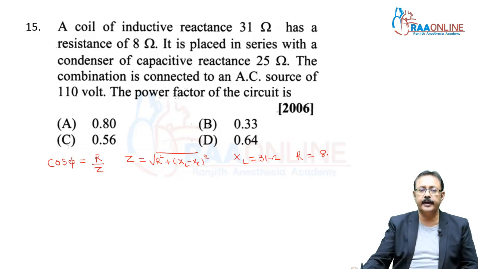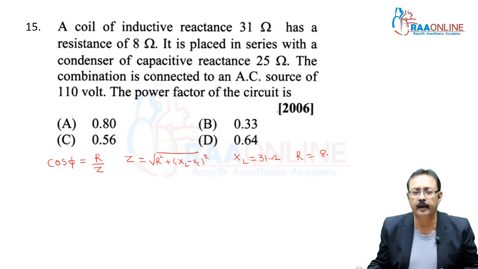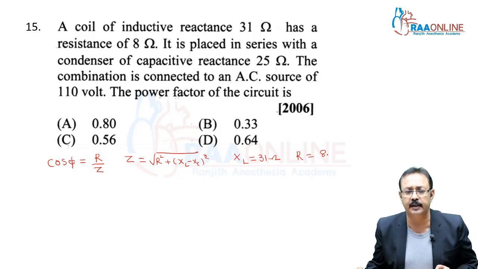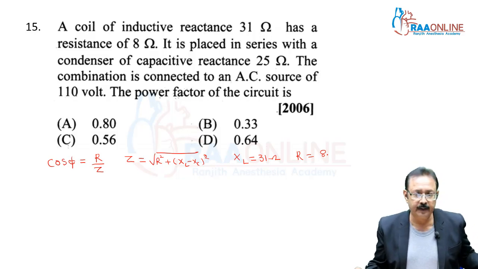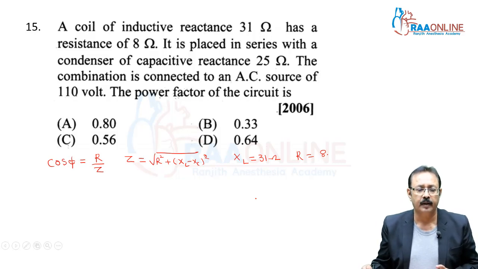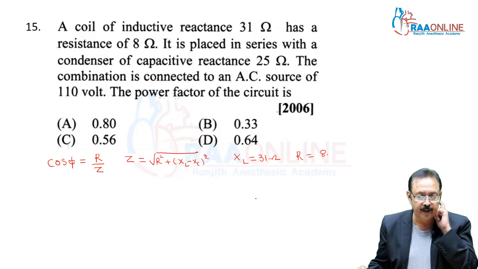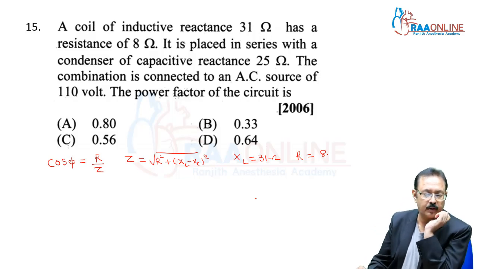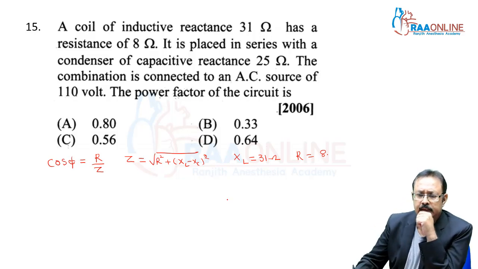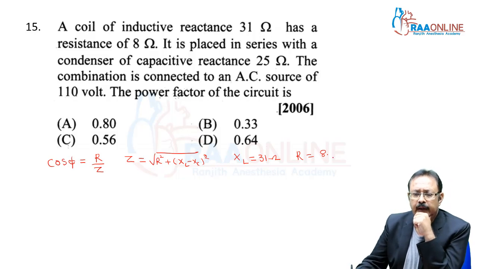What they are saying is that the coil has a resistance of 8 ohm. Yes, R is 8 ohm, and that coil has inductive reactance 31 ohm. Capacitive reactance we have 25 ohm.